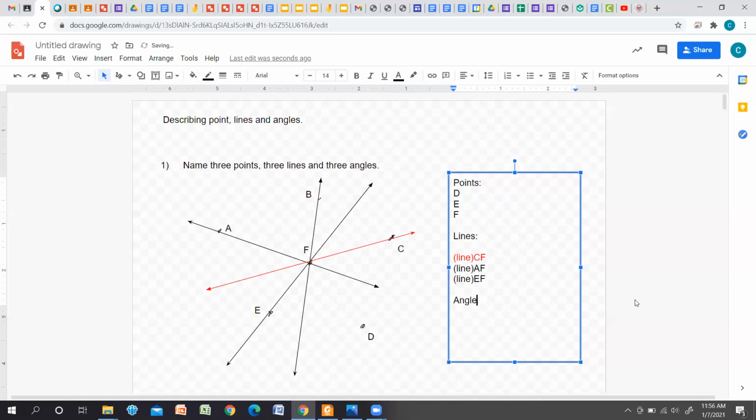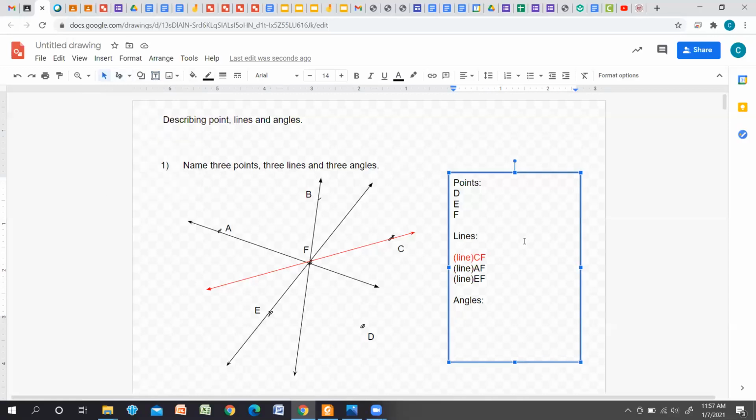Then angles. Remember, to name an angle, you can use that symbol. So I'll just draw it over here just to show you. For example, this first one, you could use the draw tool. Notice the type tool is right here. It's T in a box, meaning text box. And over here, you can pick the scribble tool. There's all these different things. You could draw lines, arrows.